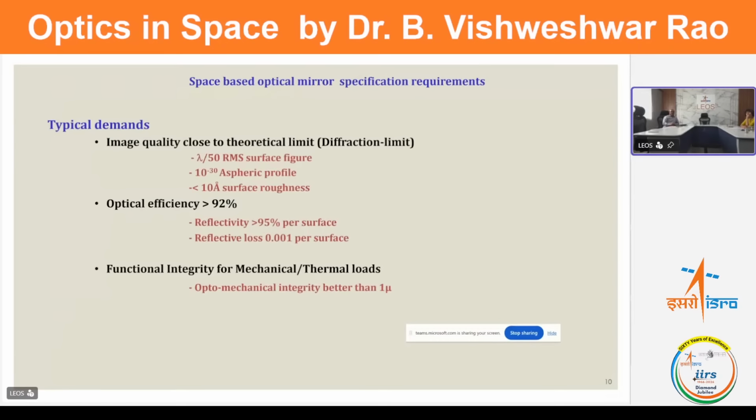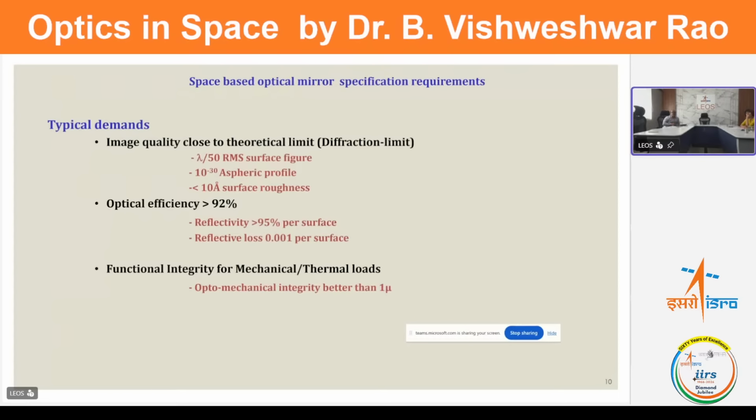For each optical surface, we need a better image quality. To have better image quality, we need surfaces with lambda by 50 RMS surface figure, and whether it is a spherical or aspherical surface, what accuracies we can maintain and the sagitta variations along the surface.